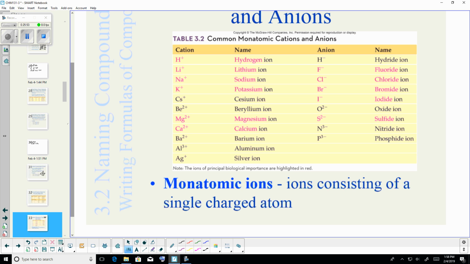So fluoride, chloride, bromide, hydride, oxide, sulfide, nitride, and phosphide. The ones highlighted in red are important in biological applications. Obviously, sodium, potassium in nerve channels, magnesium, calcium in bones.